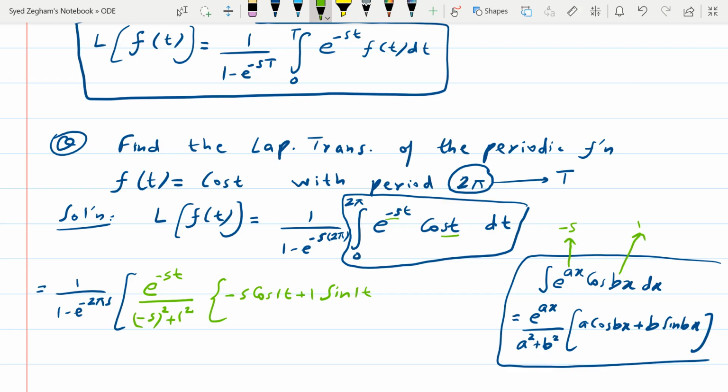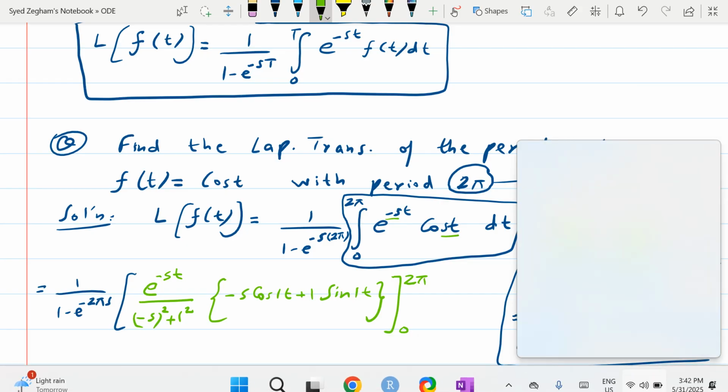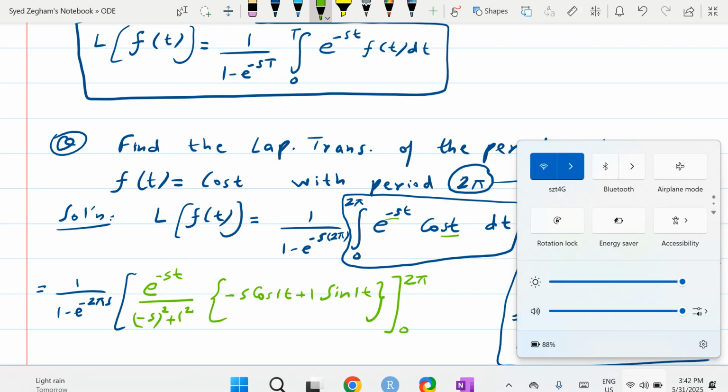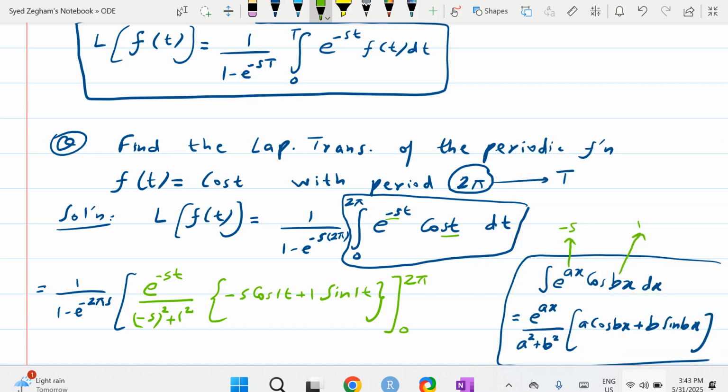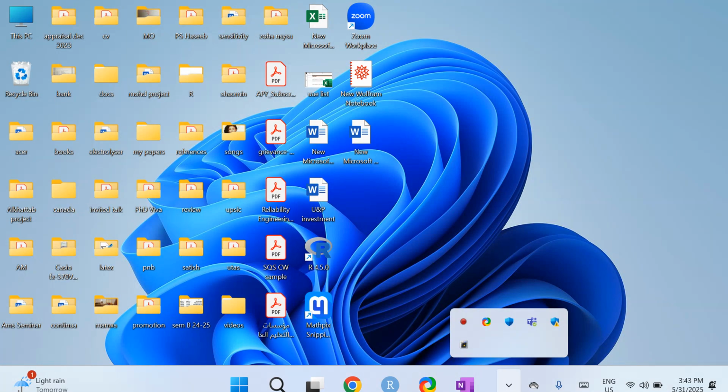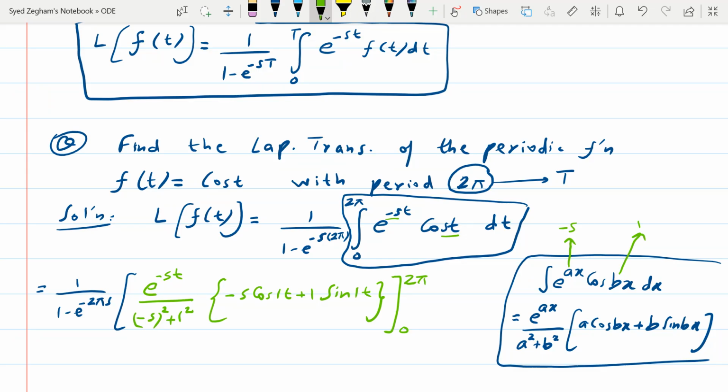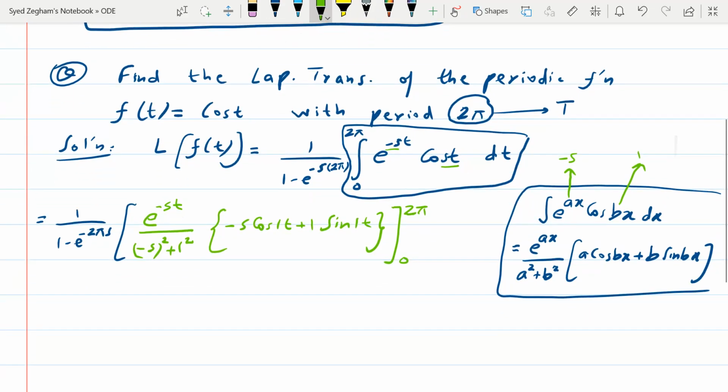In place of x, we are using t. That's all. And the limits are 0 to 2 pi. So we have used the formula.